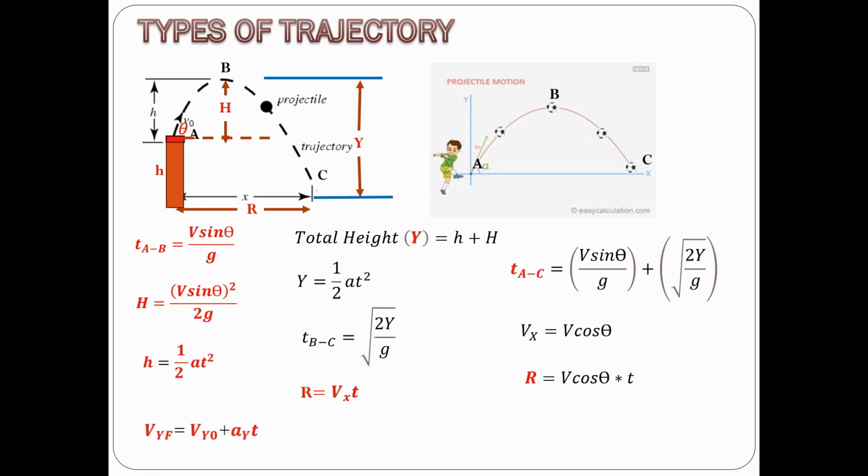And we know vy initial is equal to v sine theta, where v is the initial velocity at point A. Therefore, vy final will become v sine theta plus gt. Once we know vx and vy, we can find the final speed. v is equal to square root of vx squared plus vy squared.